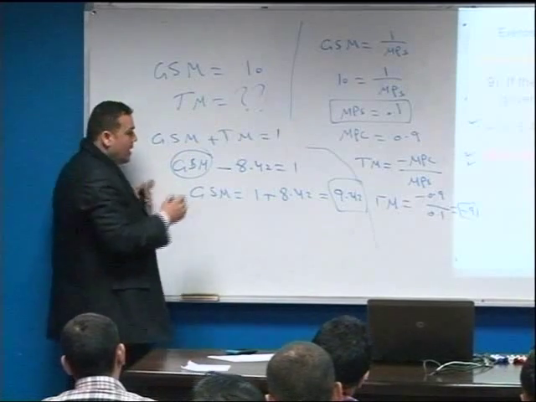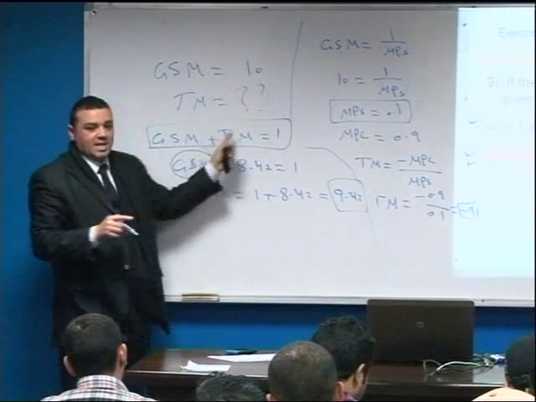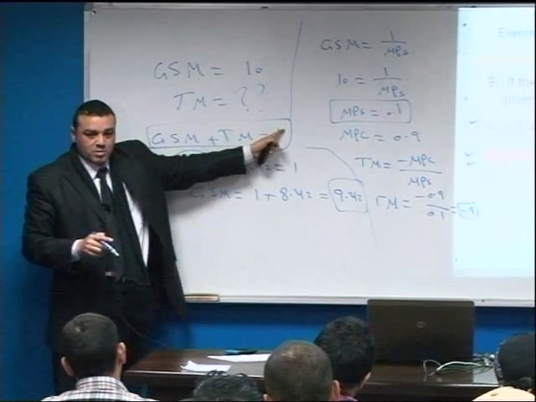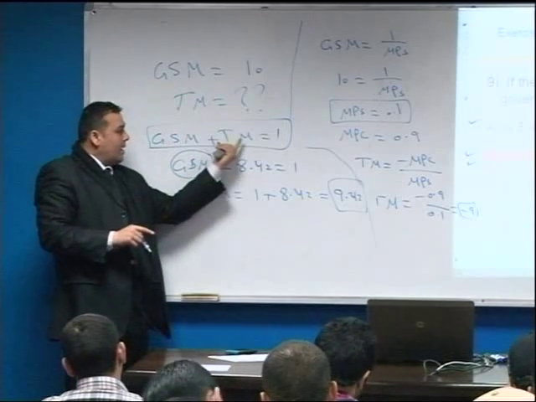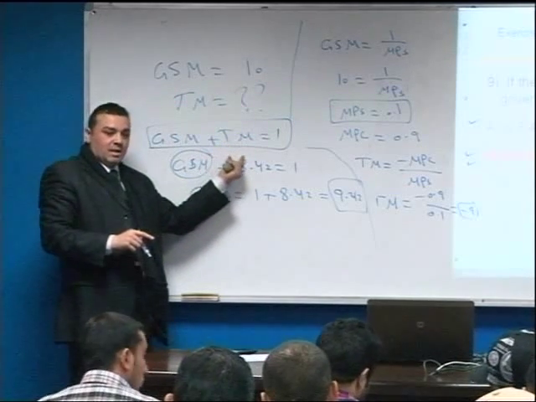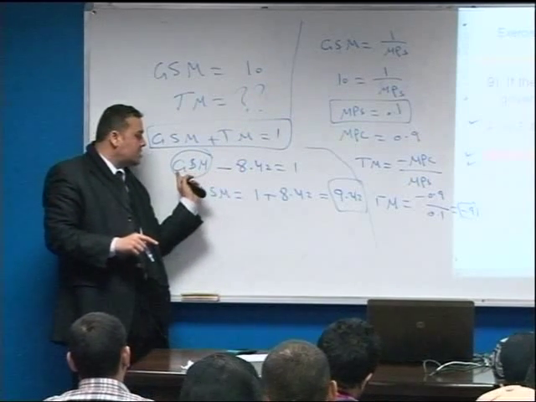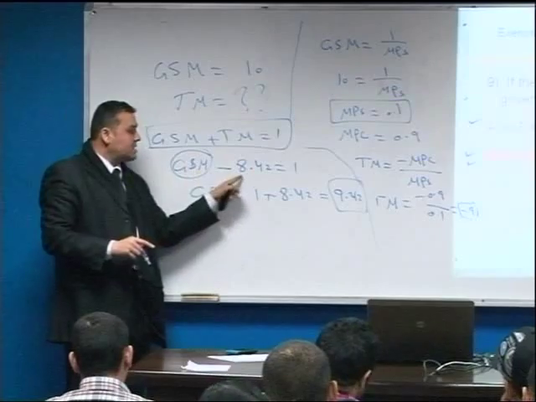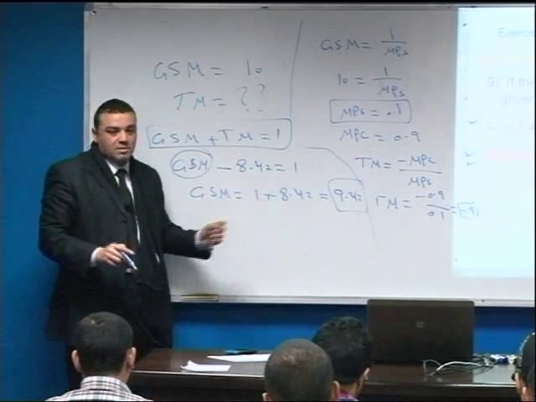This is the equation I will work on: the government spending multiplier plus the tax multiplier equals 1. Direct substitution: the government spending multiplier minus 8.42 equals 1. I moved it across, so it becomes plus.